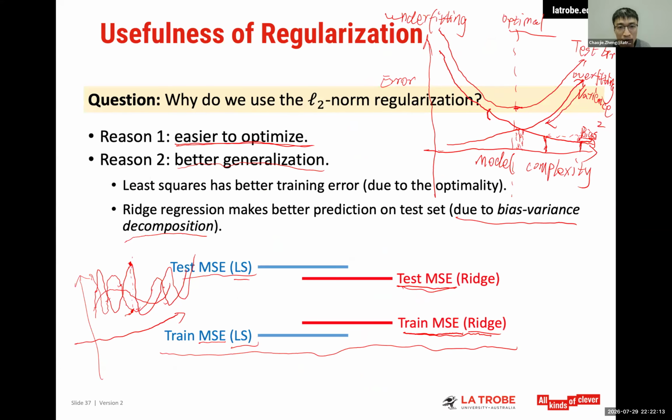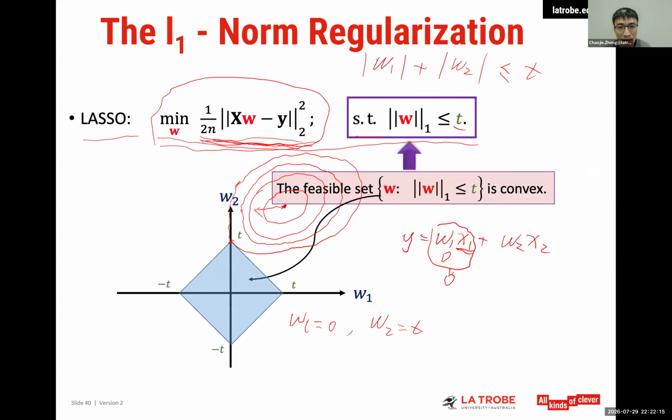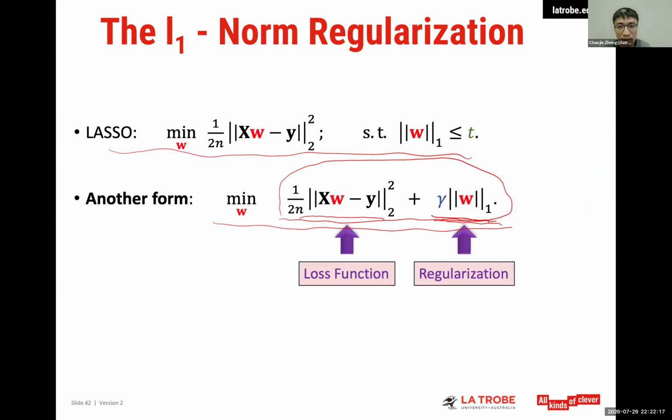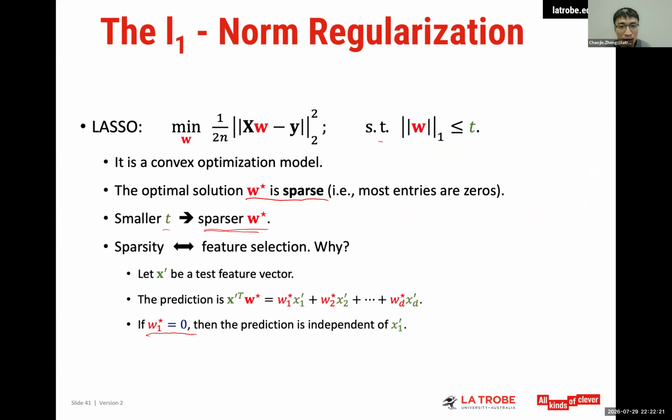But for lasso regression, it is using the L1 norm as the regularization term. Using this term can allow certain weight values to be exactly 0.